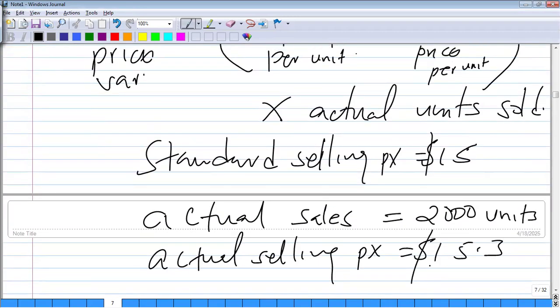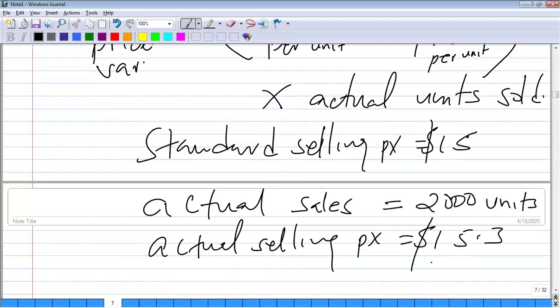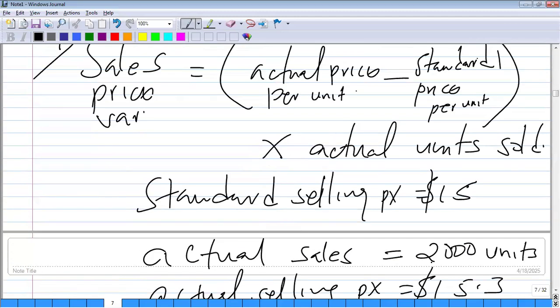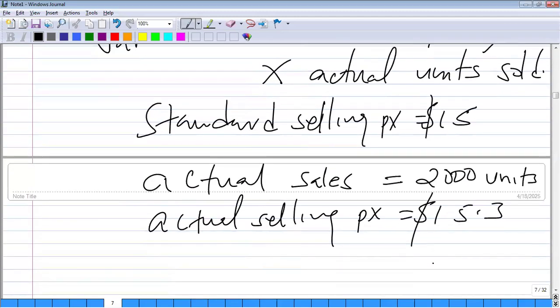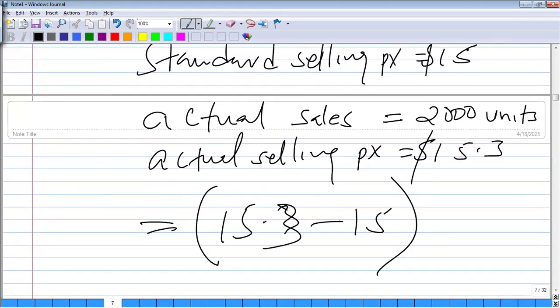So with this information, standard price is 15, actual price per unit is 15.3. The actual units sold were 2,000. Okay. So we say 15.3 minus 15 times 2,000.